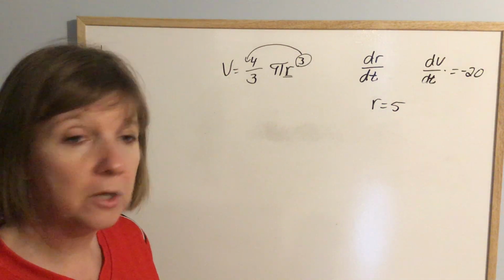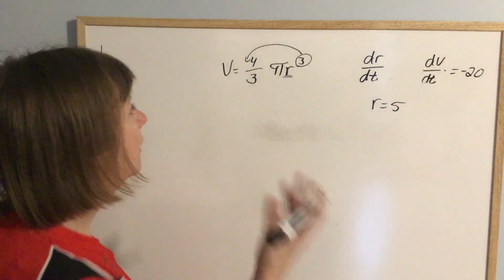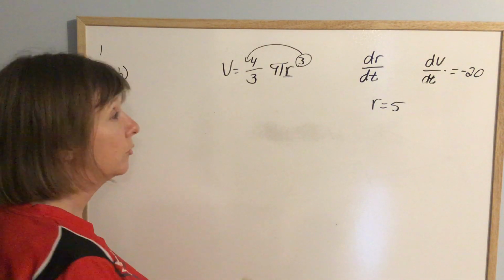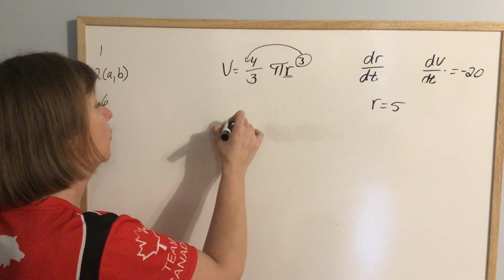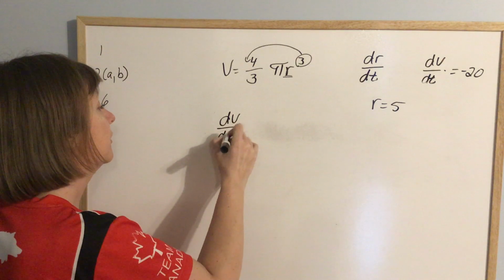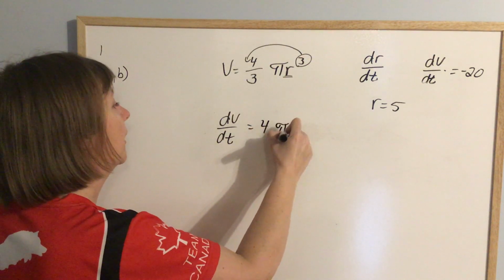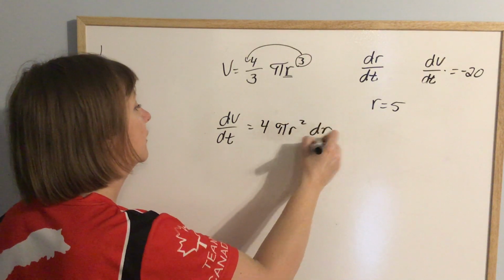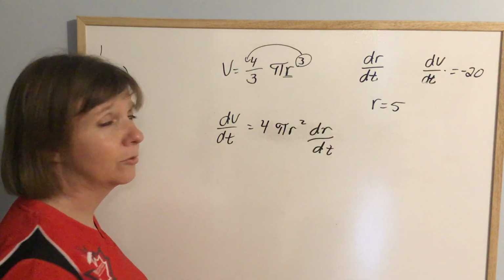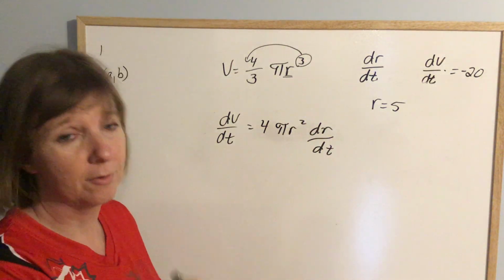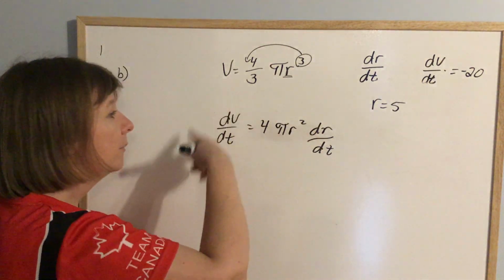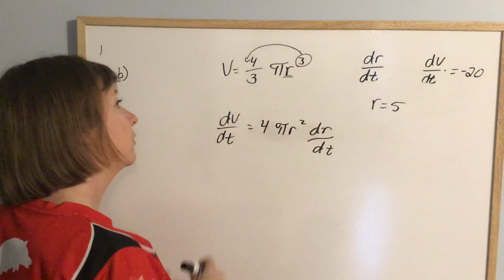Now I was stupid and I just erased this, but I didn't really need to do the derivative again. So the derivative of v is dv over dt, bring that 3 down, that's 4 pi r squared dr over dt. I didn't need to do the derivative all over again, but I erased it, so I had to do it again. Because I have this, it's just a matter of putting the numbers in.